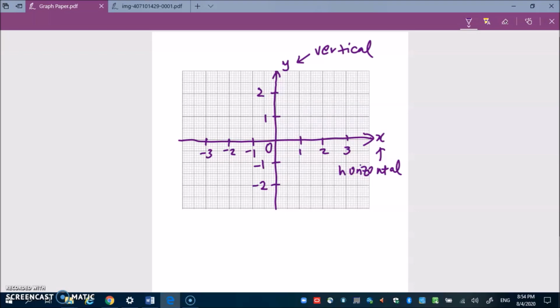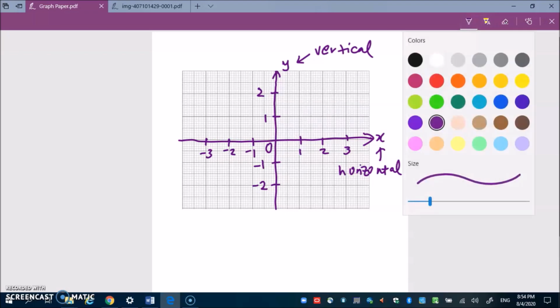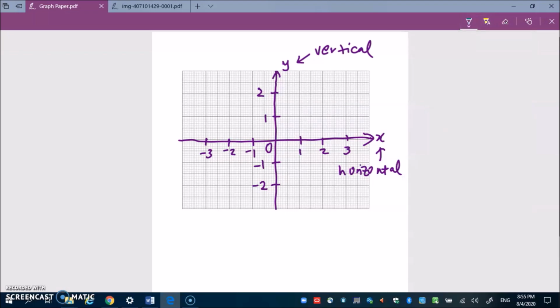Now, what about coordinates? How do we represent coordinates? For any number on the x-axis, for example, the y value is 0. So if I want to find the coordinates of this point, it is always the x value first, then comma, y value. This is the coordinate of this point, 3, 0. X value is 3, y value is 0.